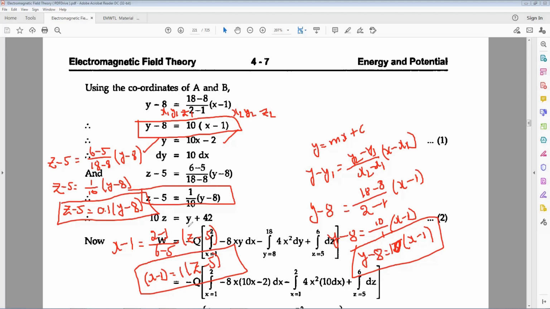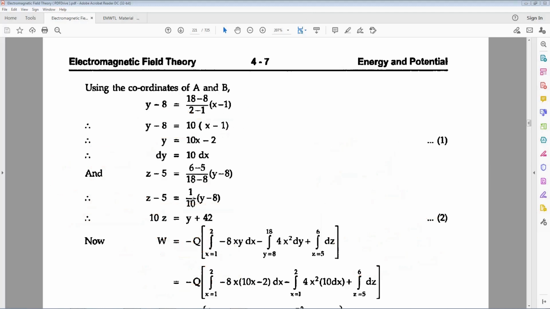And these two values you get, and similarly the last equation also, x minus 1 is equal to z minus 5. Got it, my dear students? So W is equal to minus the integral, where the x values are 1 to 2, y values are 8 to 18 and z values are 5 to 6.